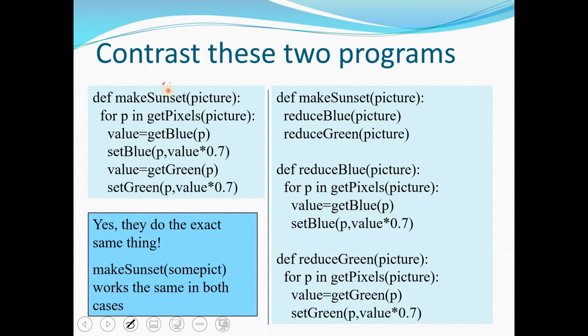This was the old version and this is the new version. In the new version, we are reducing the blue color and then we reduce the green color. And we are calling the pixels two times, number 1, number 2. So we are wasting resources when we are calling things twice.